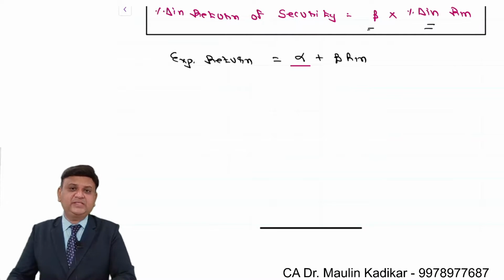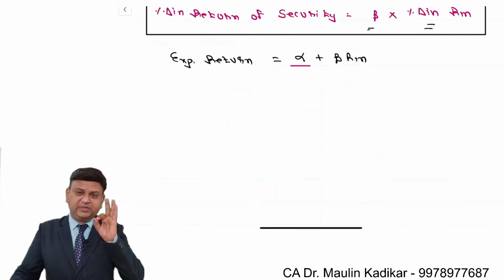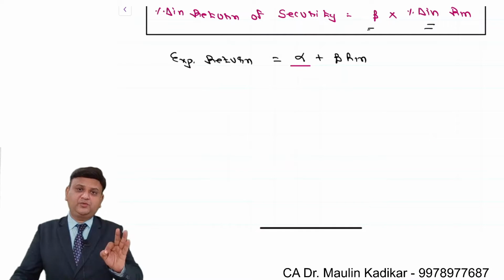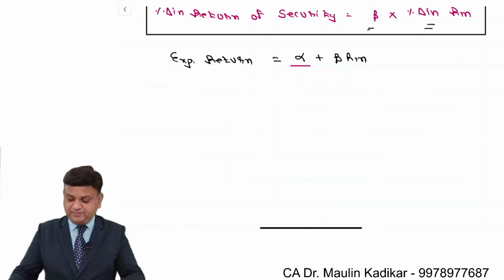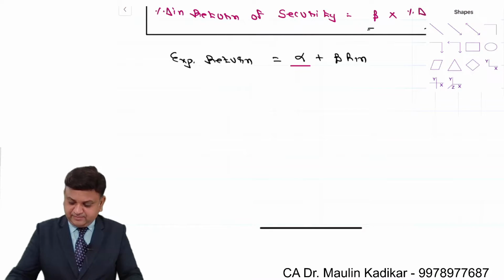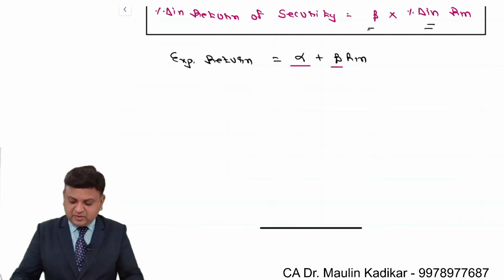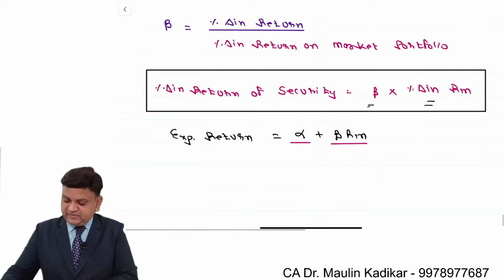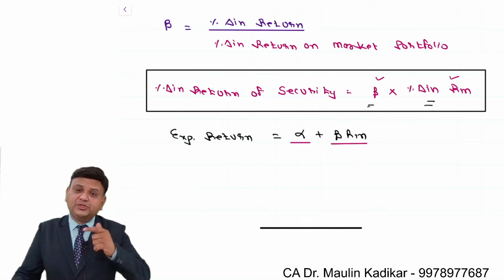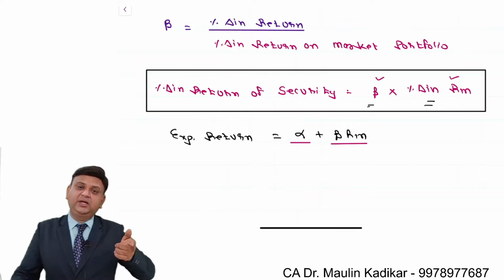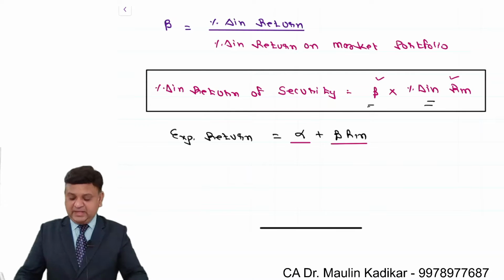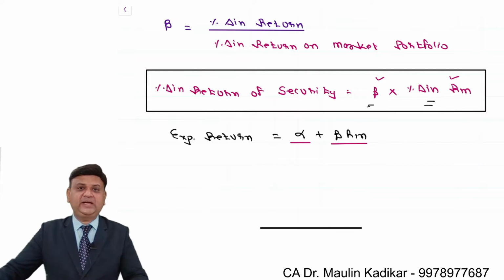This time the alpha is indicating the return from the security or return of the portfolio when return on the market portfolio is zero, plus beta into Rm. Why plus beta into Rm? Because whatever is the rate at which the market portfolio return changes into beta is the proportionate change that you are expecting in your investment. This is the way the characteristic line is formed.